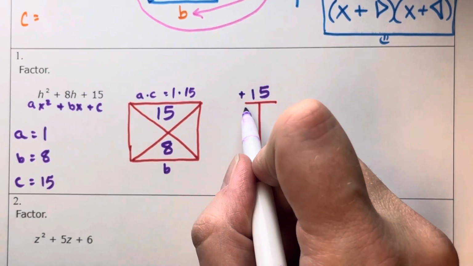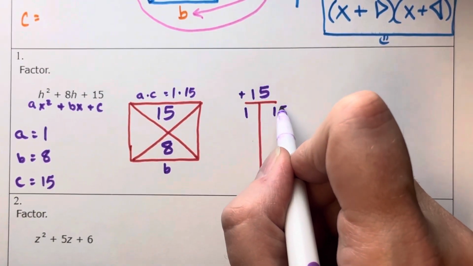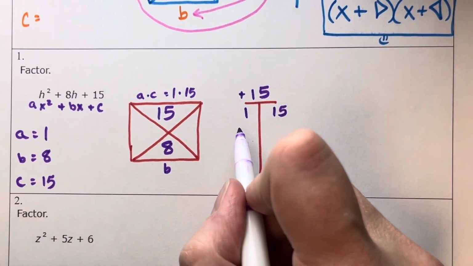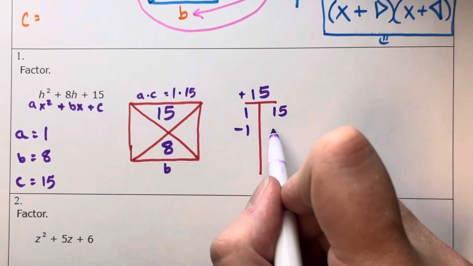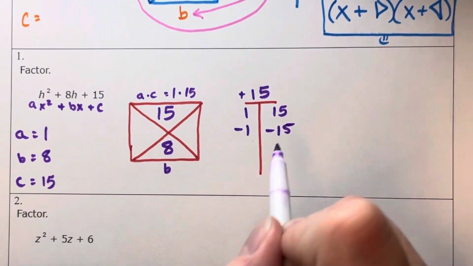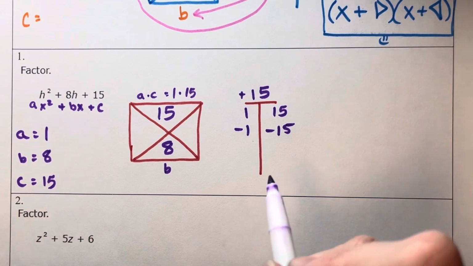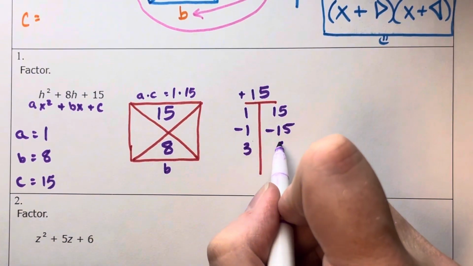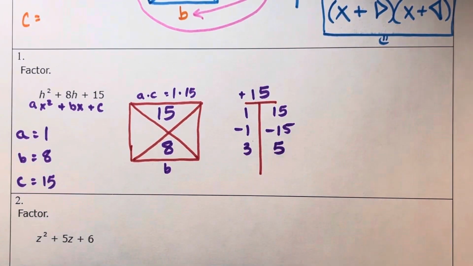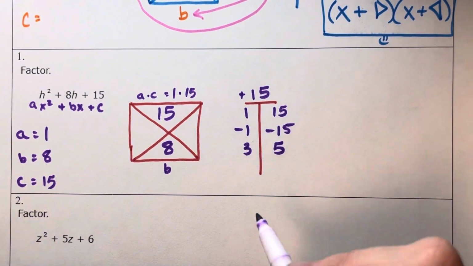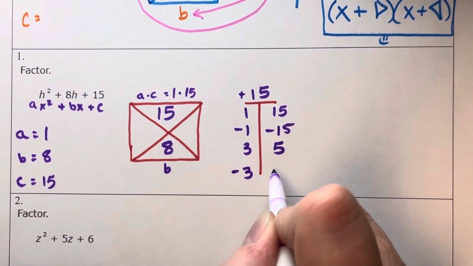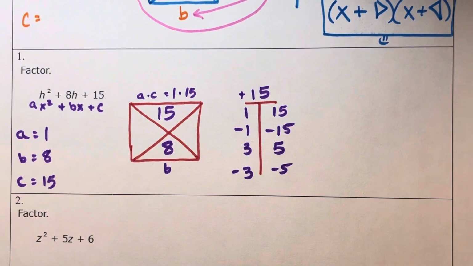So a positive 1 times a positive 15 would make 15. And so also a negative 1 times a negative 15 would make a positive 15. A positive 3 times a positive 5 would make a positive 15. And a negative 3 times a negative 5 would also make a positive 15.